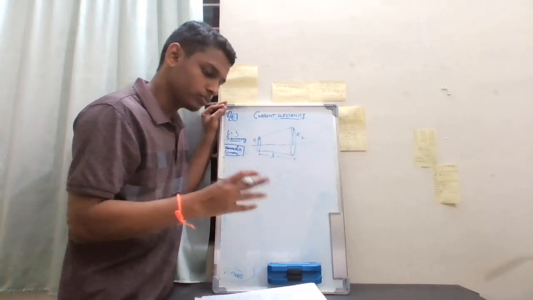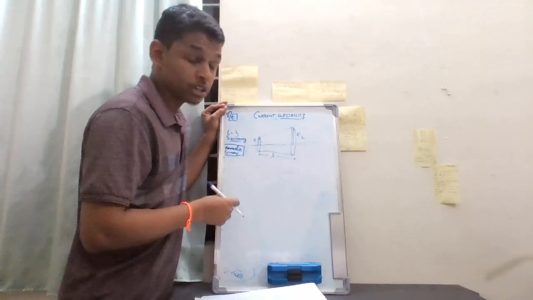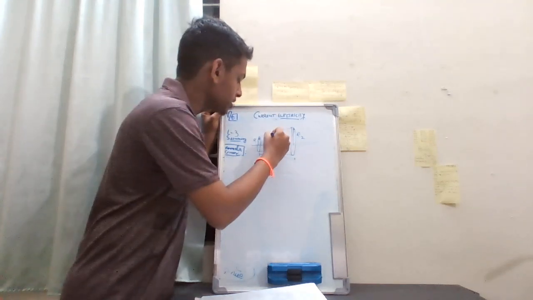Here just A is varying, so we just have to integrate. Take one small piece here.